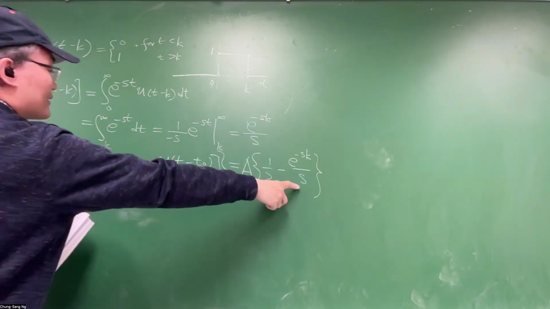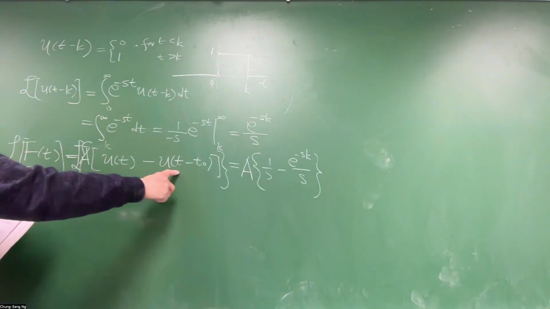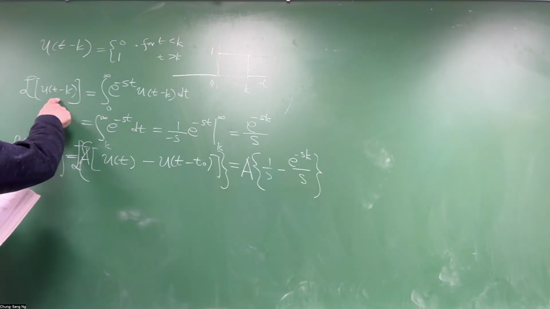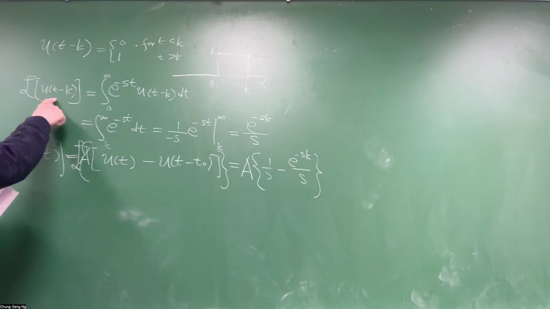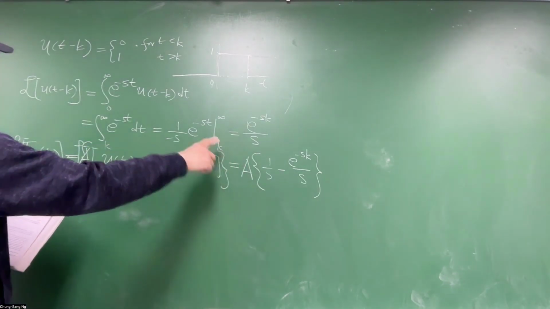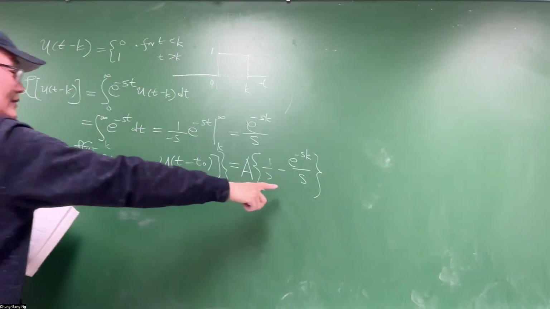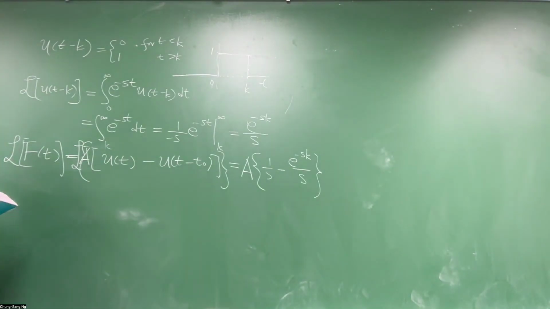And then this is just the Laplace transform of the second term. You see that? So we first did that, the Laplace transform of this function is this one, which is just the second term in this function. So I just copy it here. Is it okay?